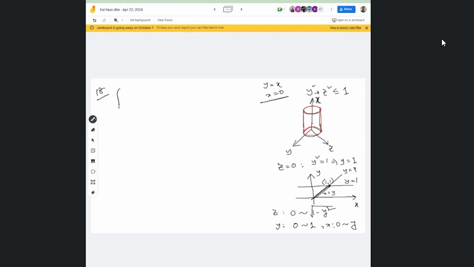So the integration should come up like this: the integral of z from 0 to square root of 1 minus y square, dz.